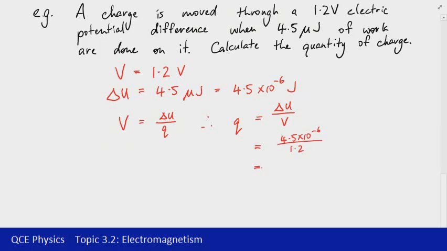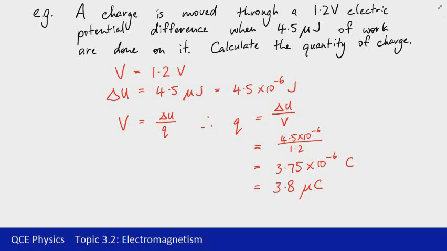Now that gives us an answer of 3.75 by 10 to the negative 6. And we know that that's going to be in coulombs, given that it's a charge, but rounding that to the correct number of significant figures and using metric prefix, we can say that that's 3.8 microcoulombs. So there's a quick calculation to show you how that equation could be used.